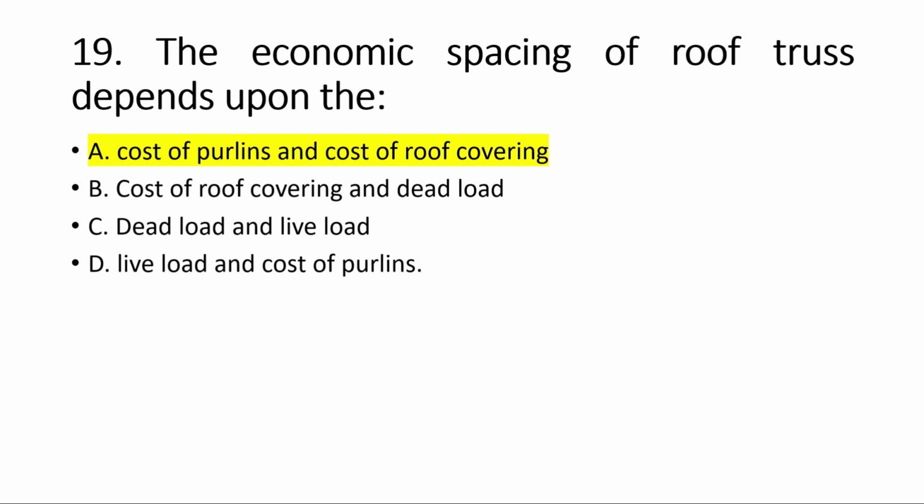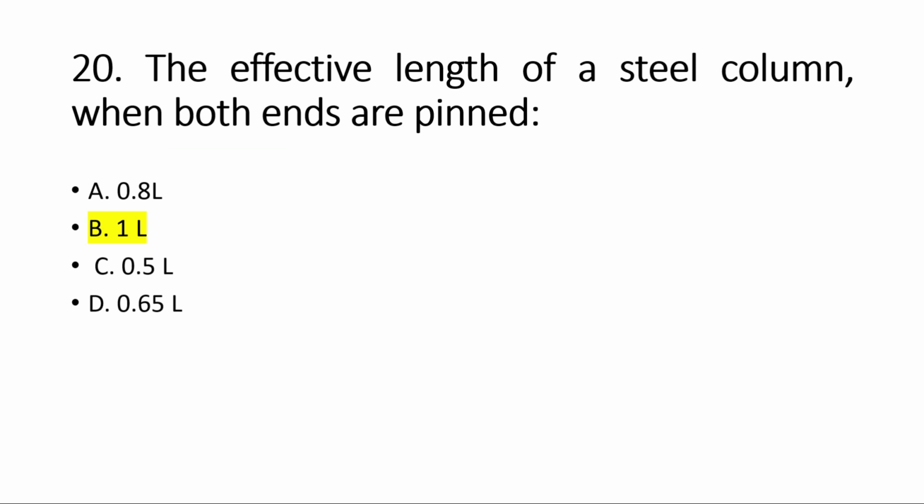Move on to the last question of this video, that is the effective length of a steel column when both ends are hinged. The effective length in that case is equal to 1L.